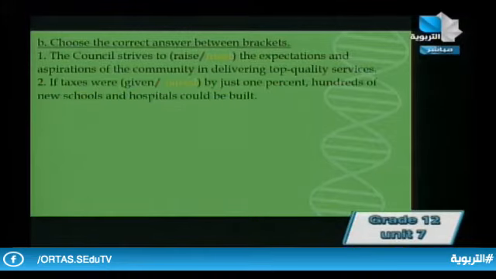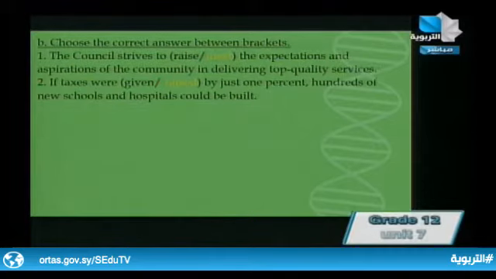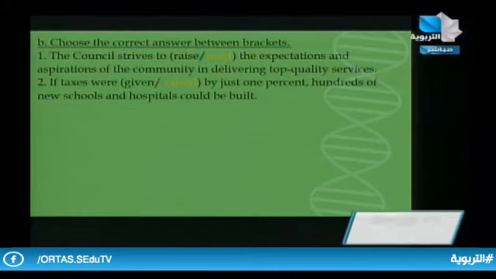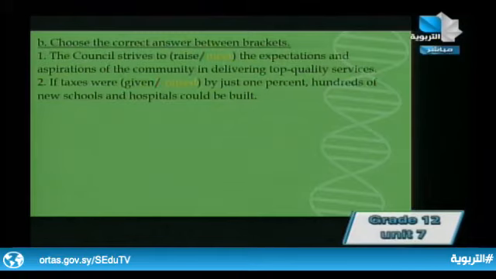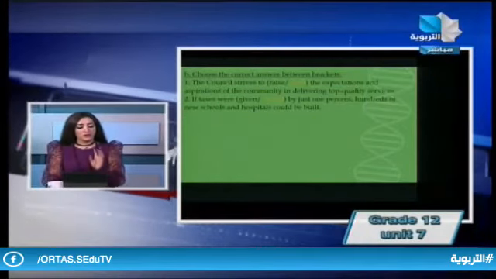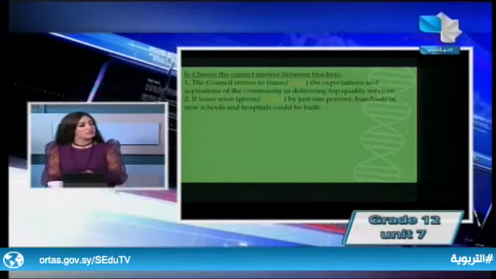Good. Number 2, if taxes were given or raised by just 1%, hundreds of new schools and hospitals could be built. The correct answer here is raised, and of course here the students should pay attention to the past participle of the verb itself, which is given or raised, then know the meaning of the word itself, which is taxes raised.